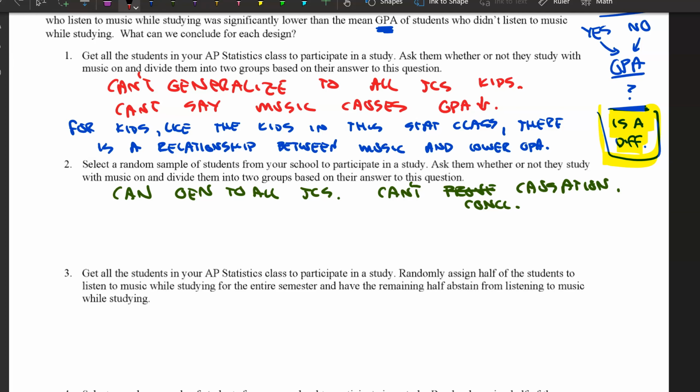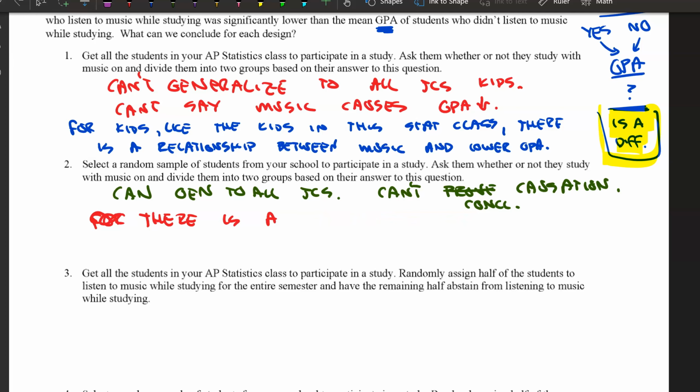So I would say there is a relationship. Well, I keep toying with this idea of whether I should say there's a relationship between music and GPA, or if I could just say that.